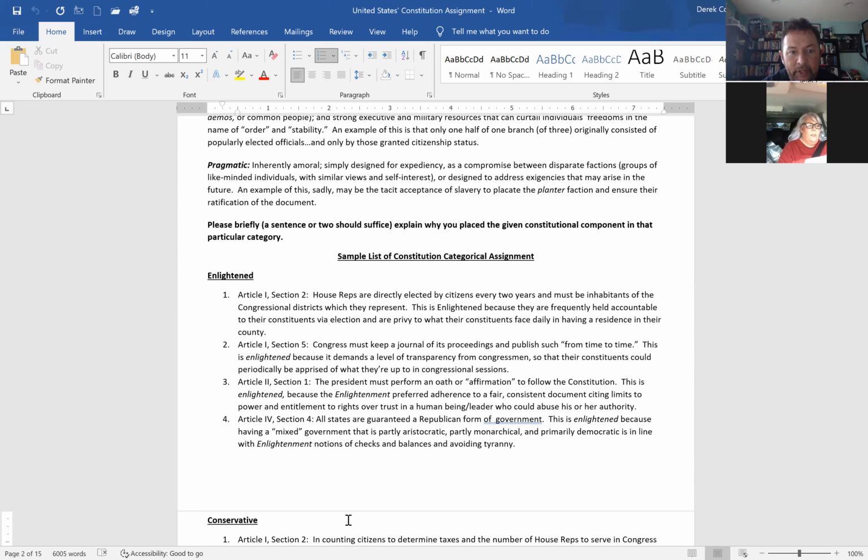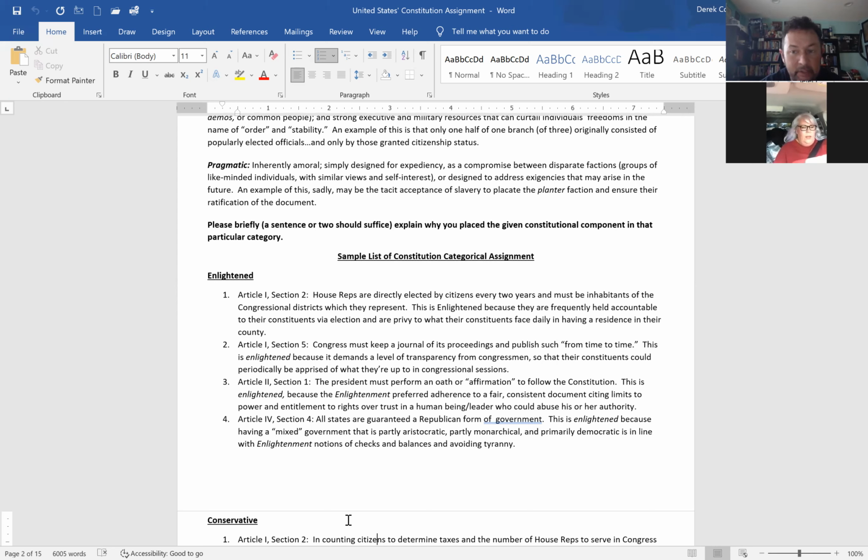I like to think so. And I understand that your answers will perhaps dovetail with mine to a certain extent. And I also ask that after you give your example, give just 1 to 2 sentence explanation as to why you think it's enlightened or conservative or pragmatic. Okay.